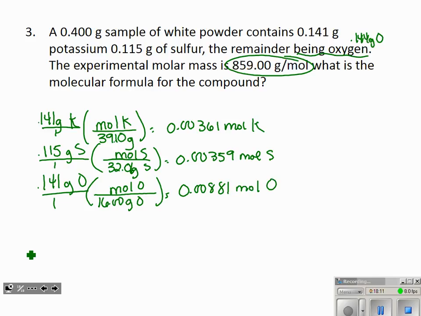We need to get the smallest whole number ratio, and we do that by dividing all of the moles by whichever mole is smallest. So that's going to be our moles of sulfur. So 0.00359, that's going to give us 1.